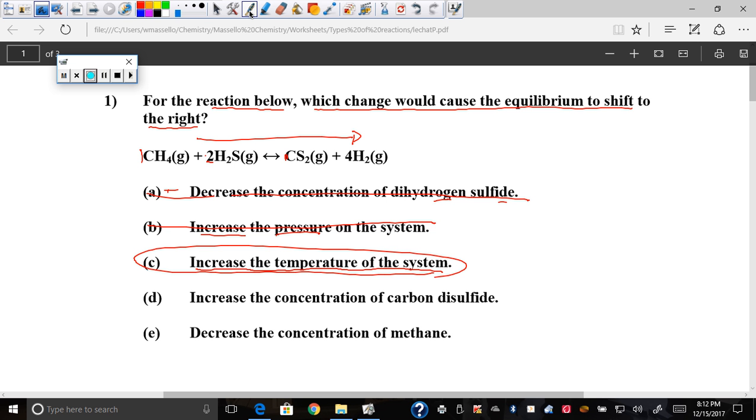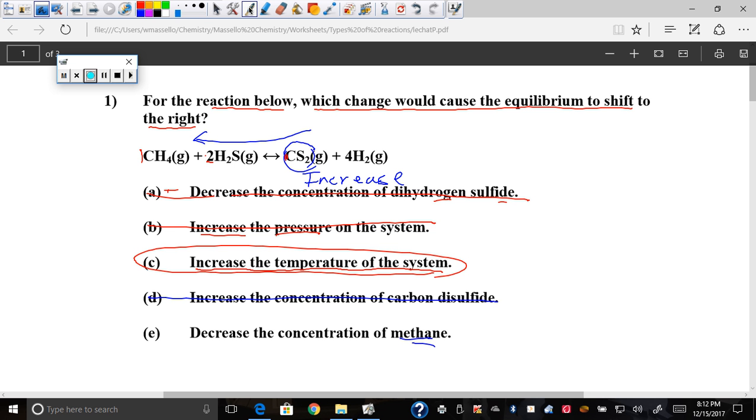Let's look at the other one. If I increase the concentration of carbon disulfide, if I increase here, then what would happen? Well, I'm increasing on this side, so it would flow that way, to the left. So that's not right either.